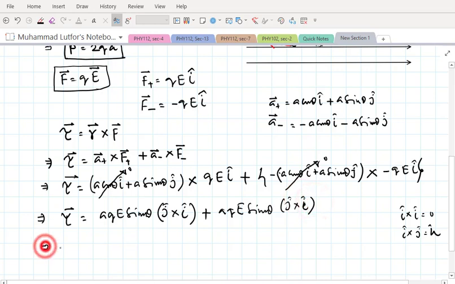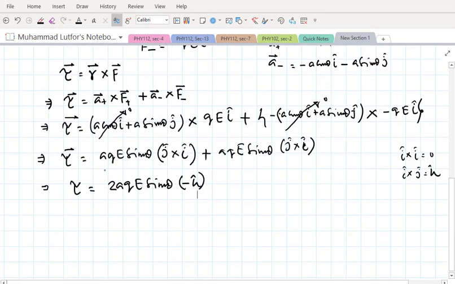Then I can write down that this torque is going to be twice A Q into E sin theta into minus k hat.